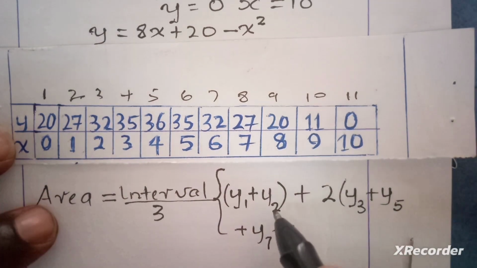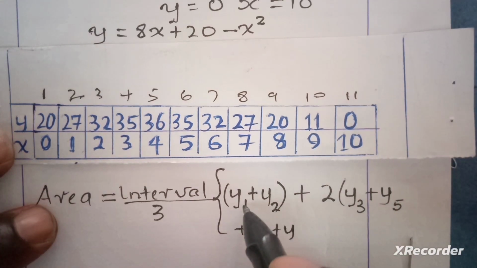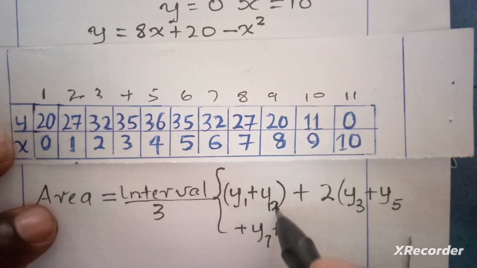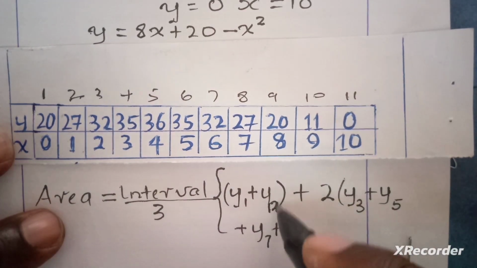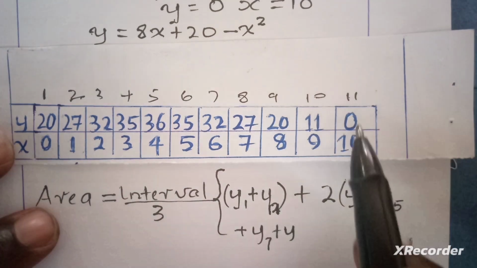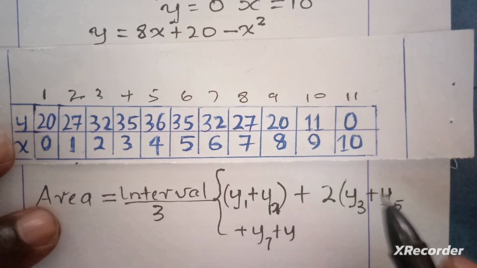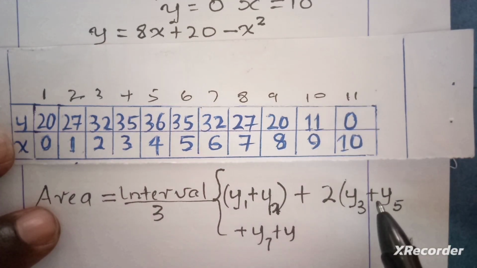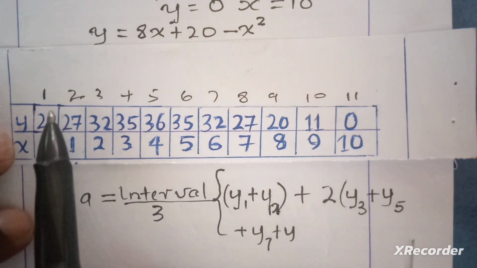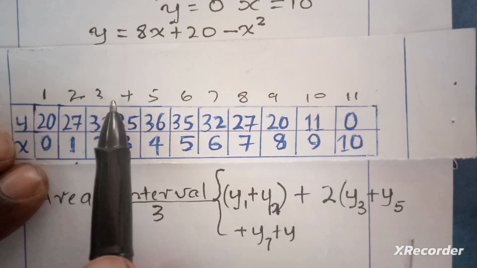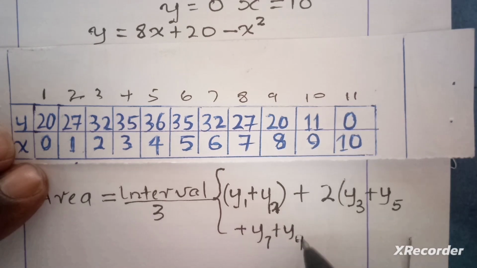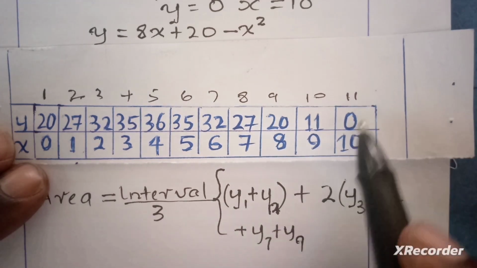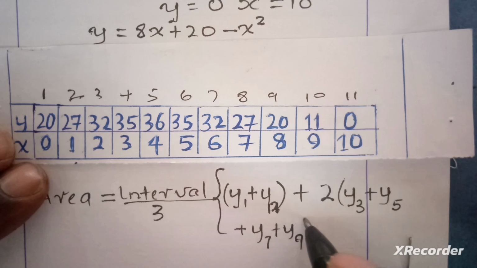Guys, this one was supposed to be 11, y1 and y11. I made a mistake there. This is supposed to be 11 because it's the first and the last. So this is the odd: y3, y5, y7, y9, and then y11 I had already used.